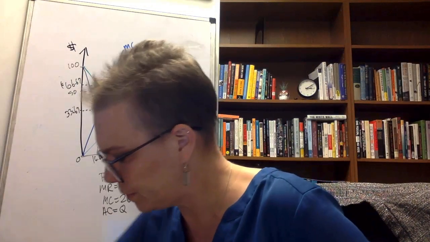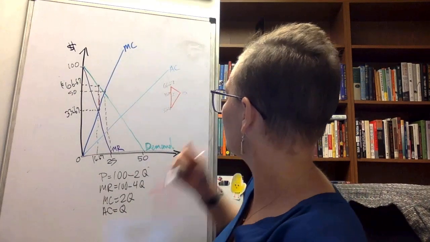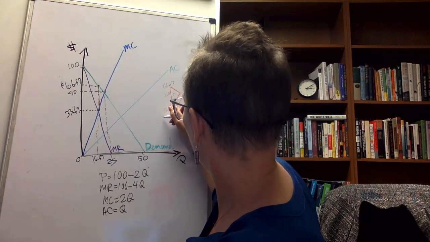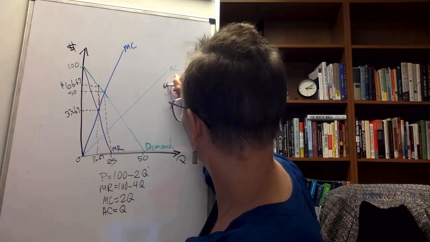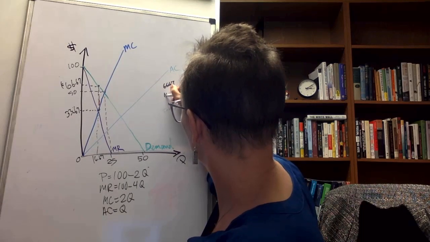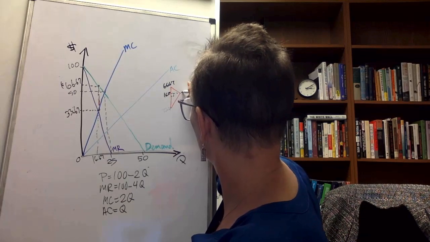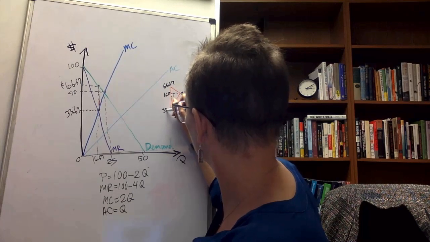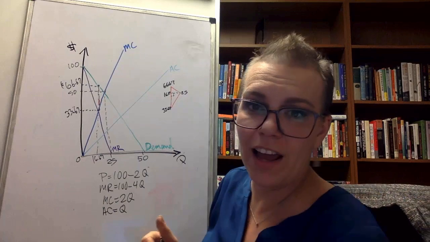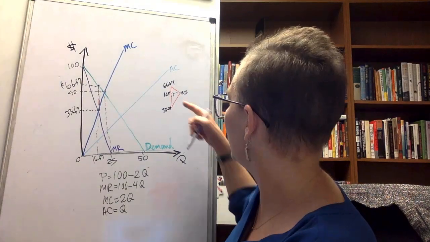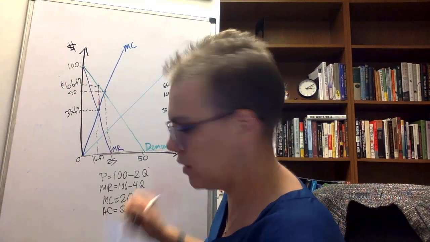So, the area of a triangle, there we go, is 1/2 base times height. The base of the triangle, let's get rid of this.